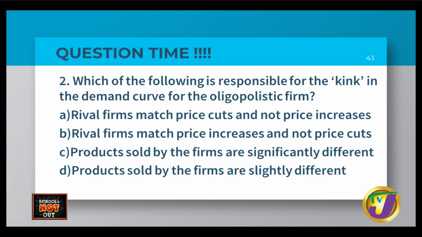Or C, products sold by the firms are significantly different? Or D, products sold by the firm are slightly different? And the answer is A, rival firms will match price cuts but not price increases.